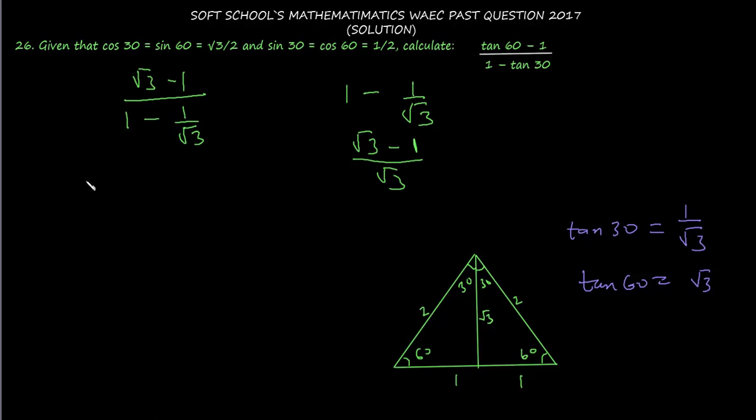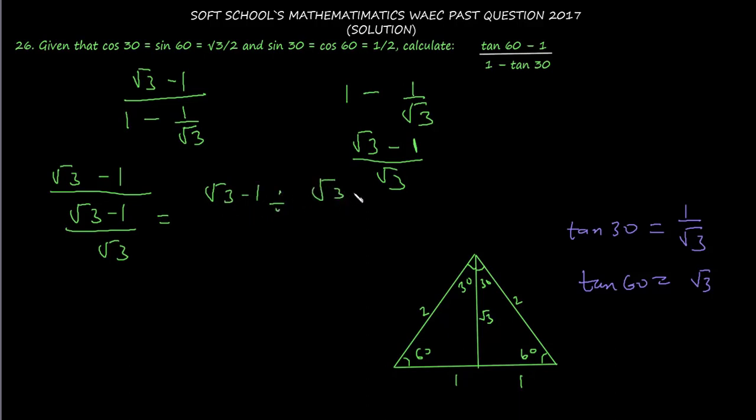So we can now say root 3 minus 1 divided by root 3 minus 1 over root 3.